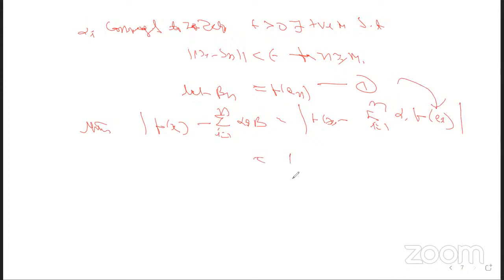That equals f of x minus sigma i equal to 1 to n alpha i e_i.